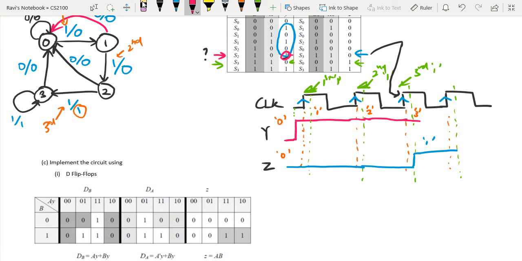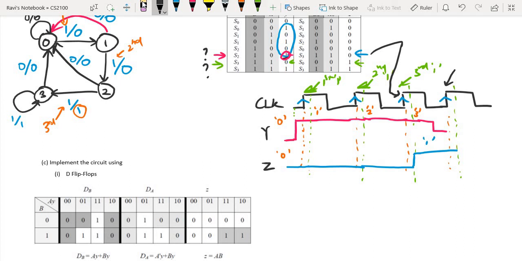This also explains the second doubt that most of you have. Once my output becomes 1, my y can change anytime between this clock and the next clock. You could have changed here, or a bit later, it doesn't matter, because I still have to wait for this clock before I can register a change.